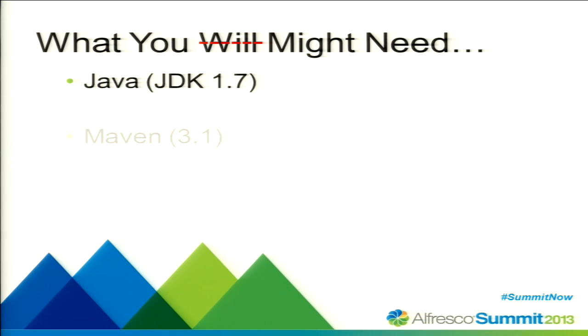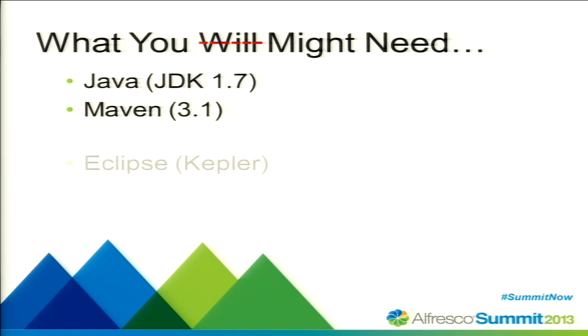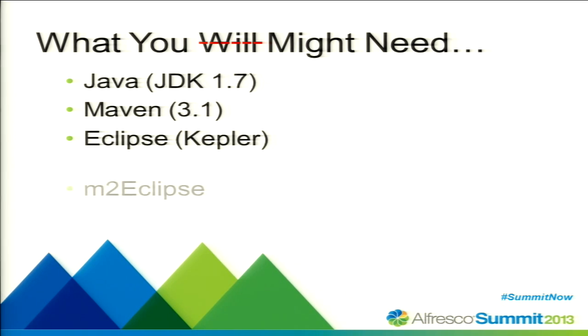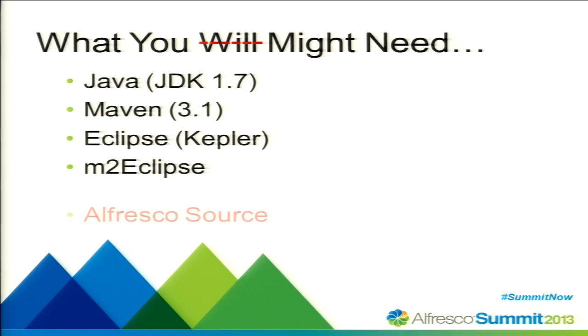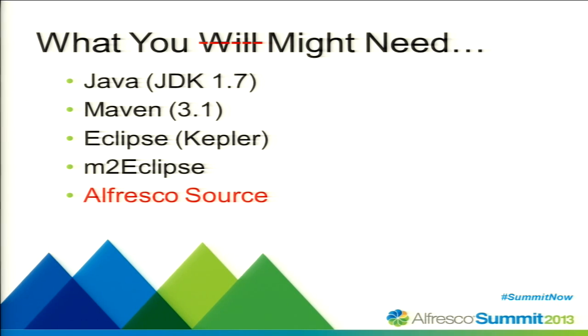So to get started, here's the development environment that I have on my image. I set it up with Eclipse, and of course, if you set up Eclipse, you need to install Java. You can also set up Maven, because now everything is distributed as a Maven artifact. And you can also set up M2, which is the Maven plugin for Eclipse, and use that to build stuff.